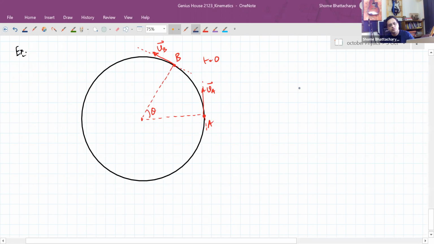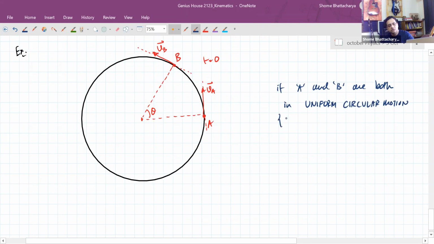So if A and B are both in what is called uniform circular motion, we'll be studying about this in detail in just some time later.